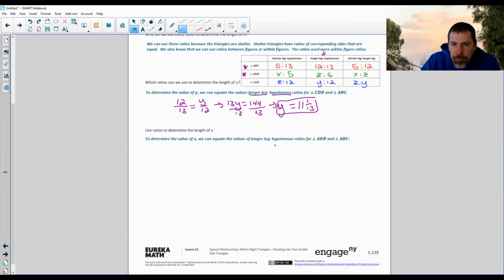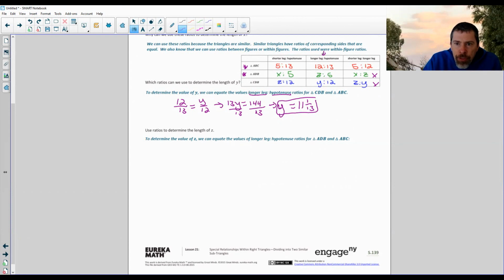Notice where z is. We have a z, we have a number. So you have to use the right triangle and the correct triangle, and you have to use the proportion where you don't have two unknowns. So this is not helpful to either. This is not helpful, but we have a number and a variable in these proportions here.